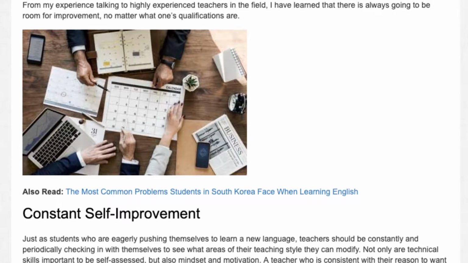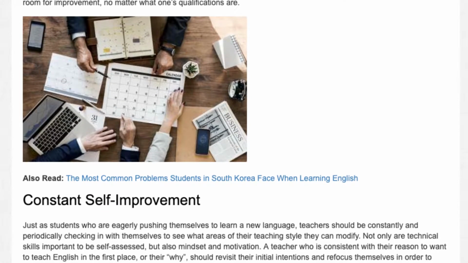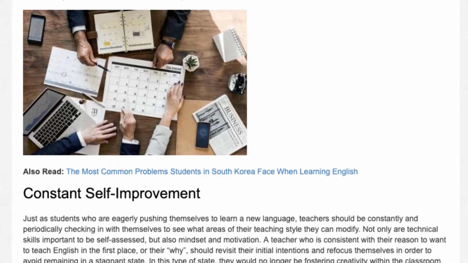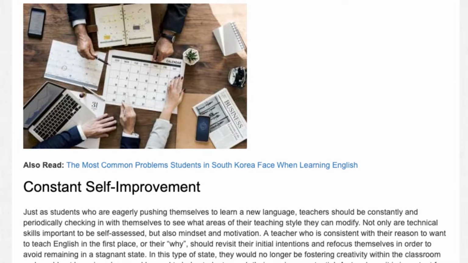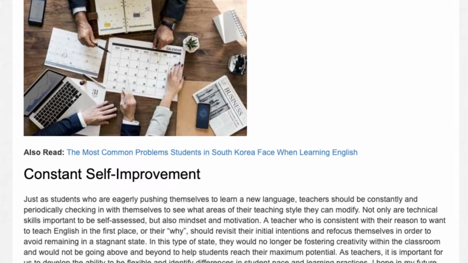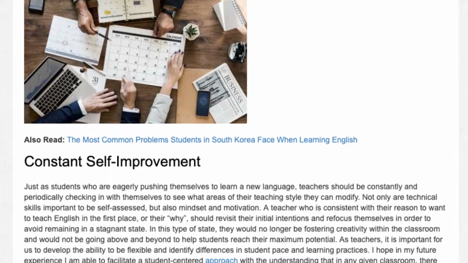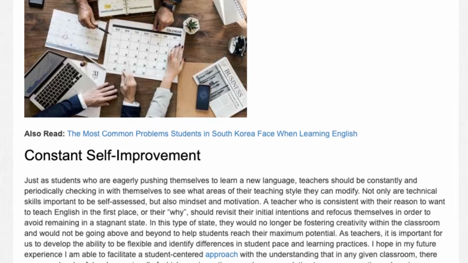Constant self-improvement. Just as students are eagerly pushing themselves to learn a new language, teachers should be constantly and periodically checking in with themselves to see what areas of their teaching style they can modify. Not only are technical skills important to be self-assessed, but also mindset and motivation.